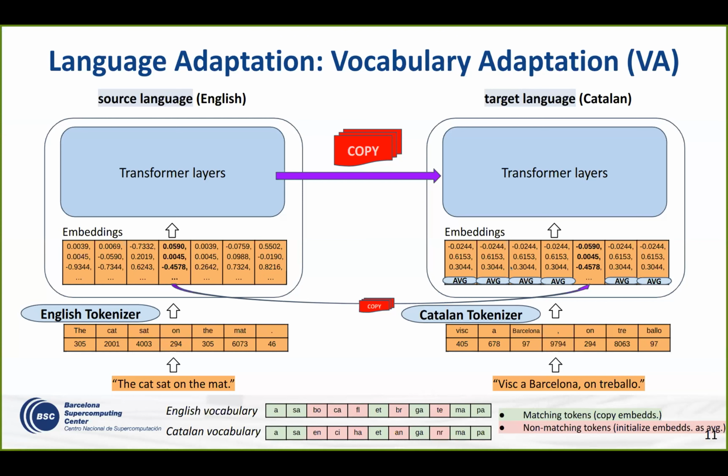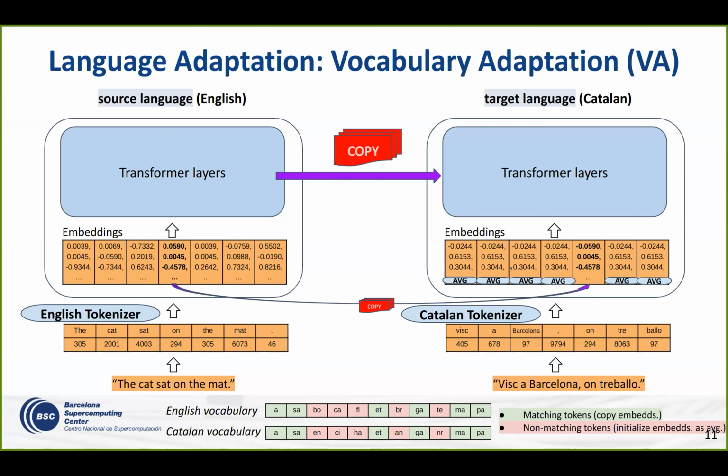But now the problem is that the new tokens do not match the old embeddings from the source model. A naive approach would be to just reinitialize the embedding layer, discard the English one, and just reuse the transformer layer weights. But the literature gives us better options, and the one that we chose for this work is the following.